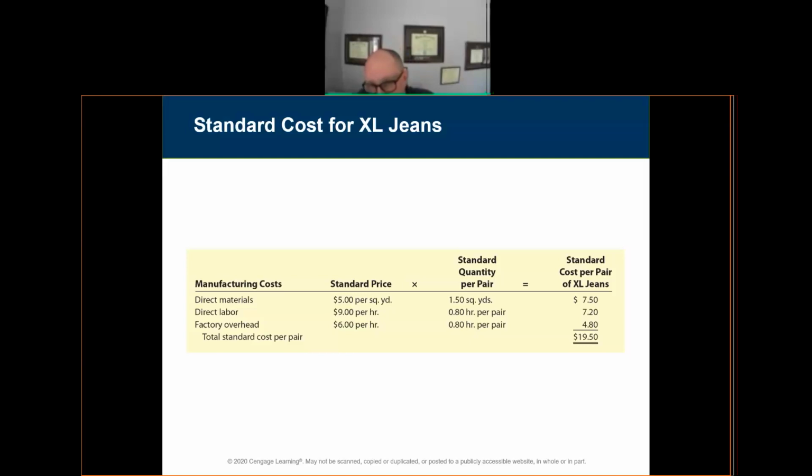Now you might be asking, Dr. B, how did you get 0.8 as being 50 minutes? Wonderful question. So in accounting, we do not consider 1 hour to be 60 minutes. We kind of do, but the way it works is you take 100 as your full hour, or 1 is your full hour.